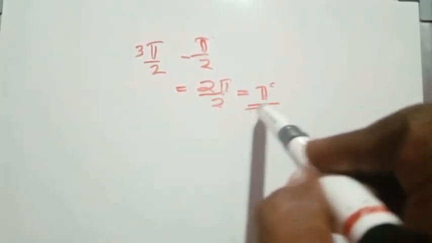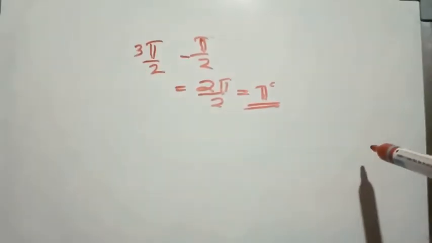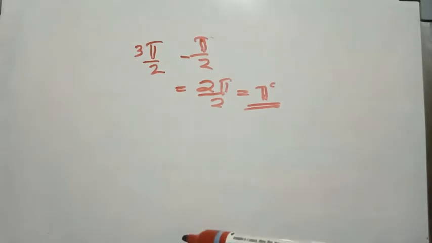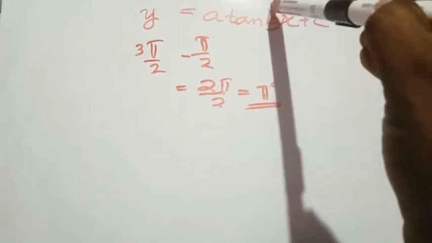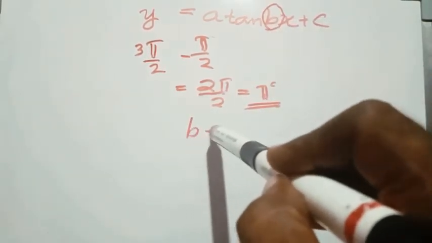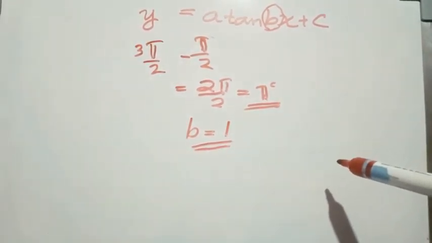That is the same as the period of a tangent function. That means there is no stretch in this question. That means the value of b remains 1 as there is no stretch. So we get b as 1.